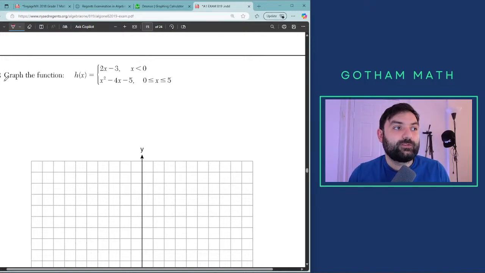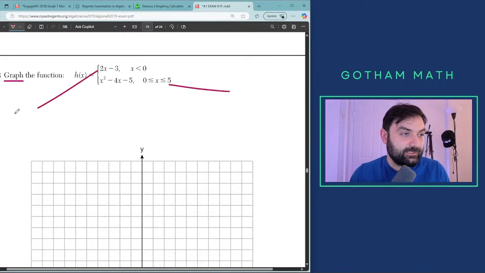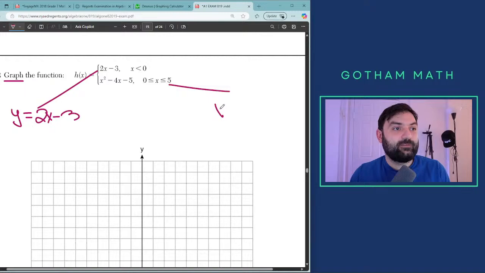Since we have to graph, a piecewise function is just two functions on the same graph. That's why there are two things here, like two equations. It's two functions on the same graph. So technically, you can split this into two separate equations, like y equals 2x minus 3, right? And this, x squared minus 4x minus 5.